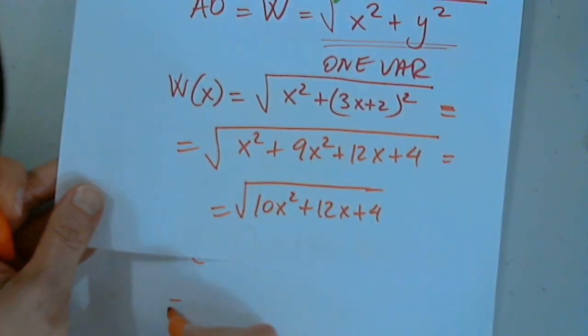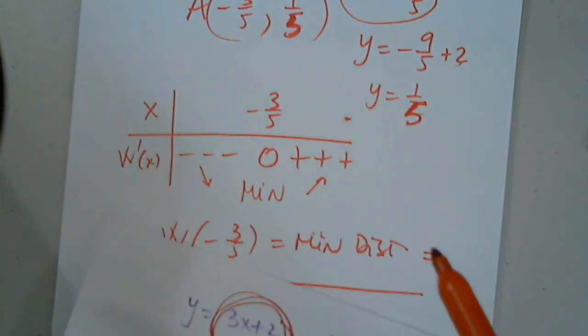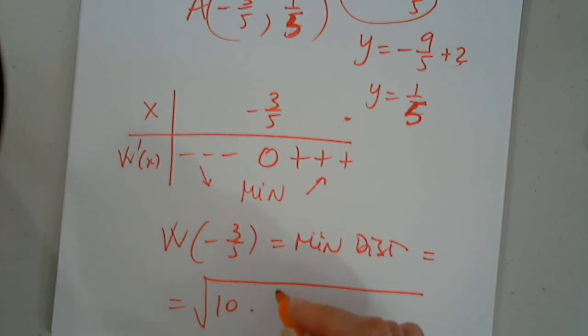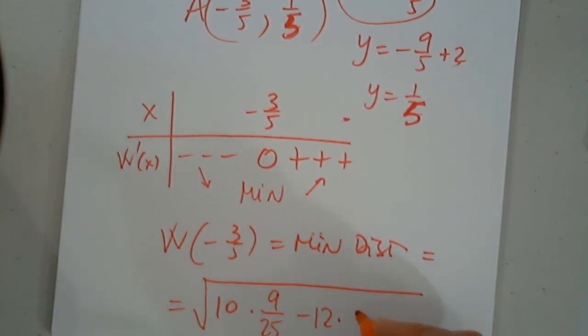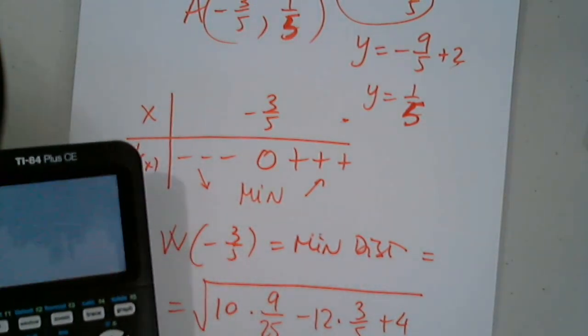So the minimum distance will be the square root of 10 times negative 3/5 squared, which is 9 over 25, and minus 12 times 3 over 5, and plus 4. So I'm just going to use my calculator.